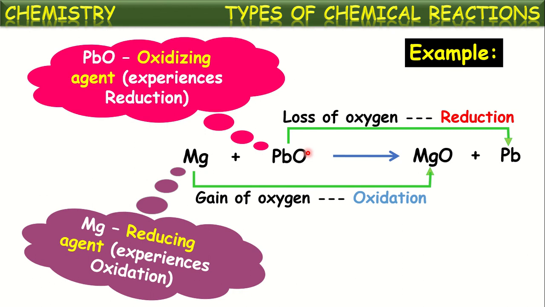Okay, the reaction it is undergoing and its action both are quite opposite. Magnesium is undergoing oxidation and is a helper of reduction, whereas lead oxide is undergoing reduction and is an oxidizing agent. Did you get it?